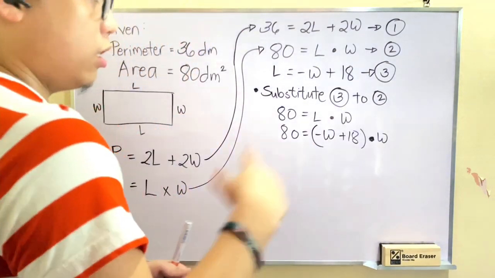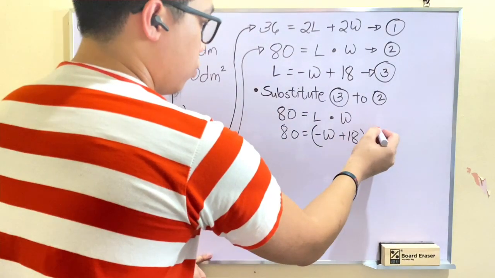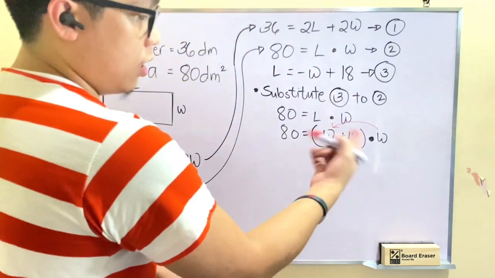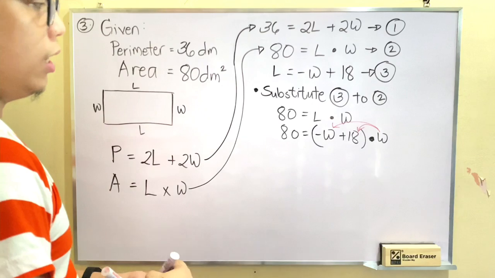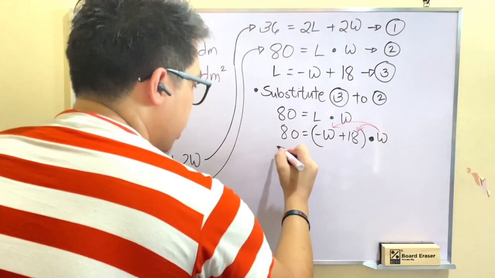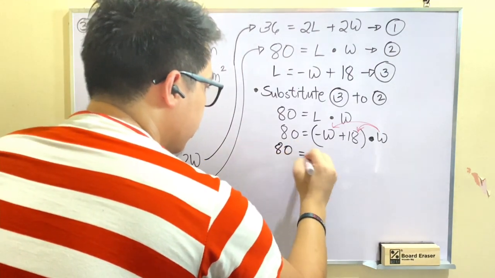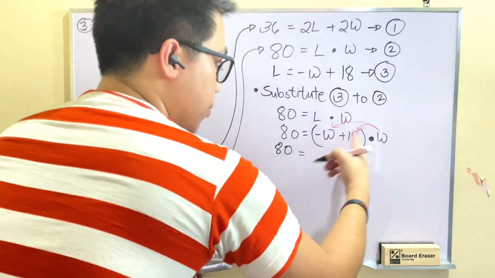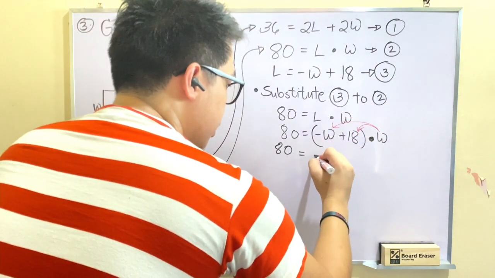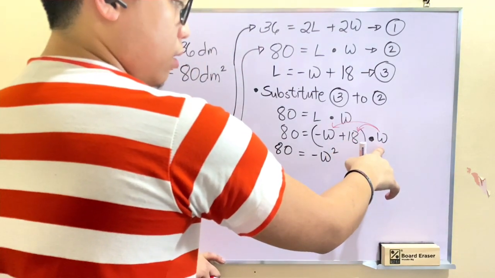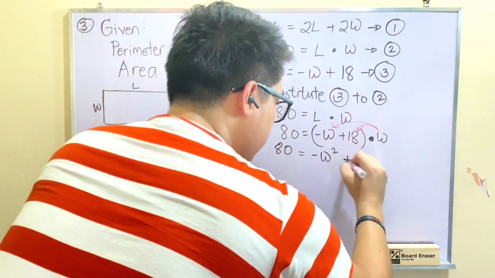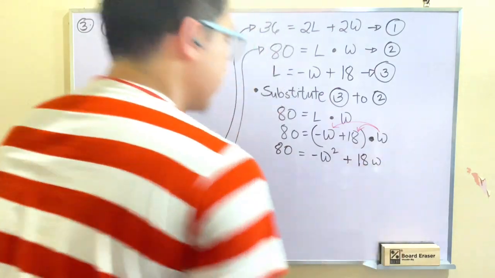Next, by distributive property of multiplication, so, W times negative W and W times positive 18. 80 is equal to, so, negative W times W is negative W squared. Positive 18W.